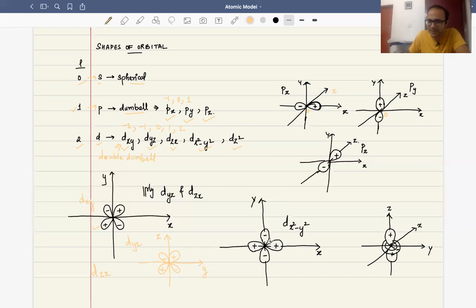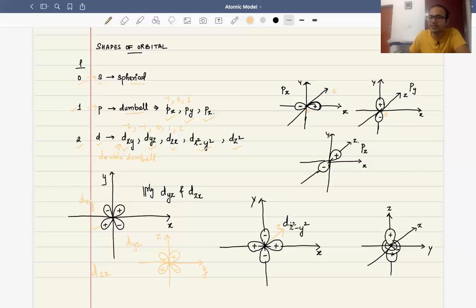Okay, z is also present, but you don't need to show it. But even if you show it, it's perfectly fine. So this particular orbital, one lobe is directed along the x-axis, another is directed along the y-axis.